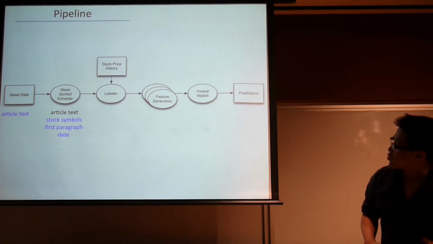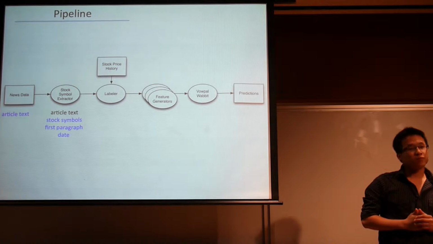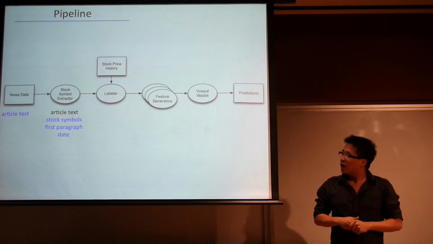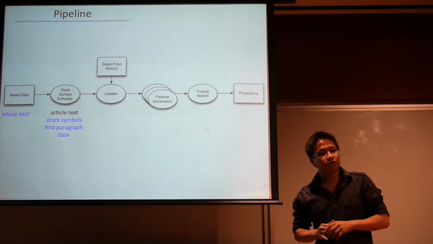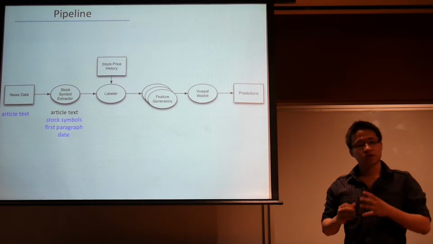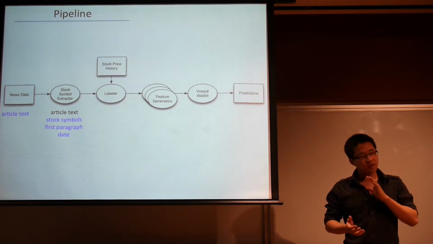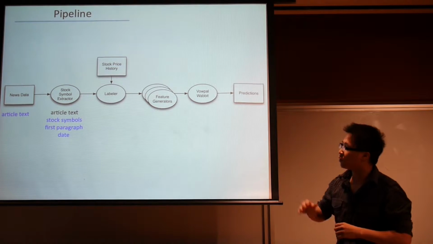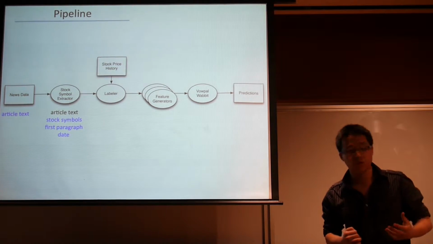And we extracted stock symbols mostly from the first paragraph, because mostly if a news article mentions a stock symbol that is central to the news article, that will appear in the first paragraph or the title.